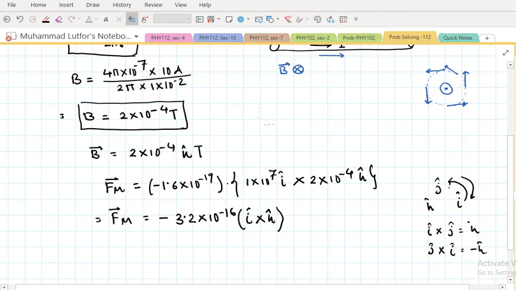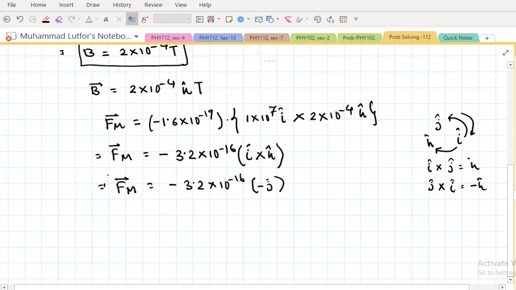Now over here I'm taking i cross k, moving clockwise, so I'll find minus j. So this force would be minus 3.2 into 10 to the minus 16, i cross k, which is minus j.